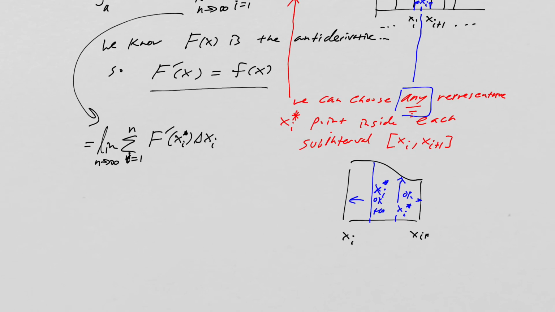The next thing we're going to do, though, is go note, and I'll write this in a different color. The mean value theorem says that there is a specific ci, I'll call it, such that f prime of ci is going to equal the average slope of the secant line.